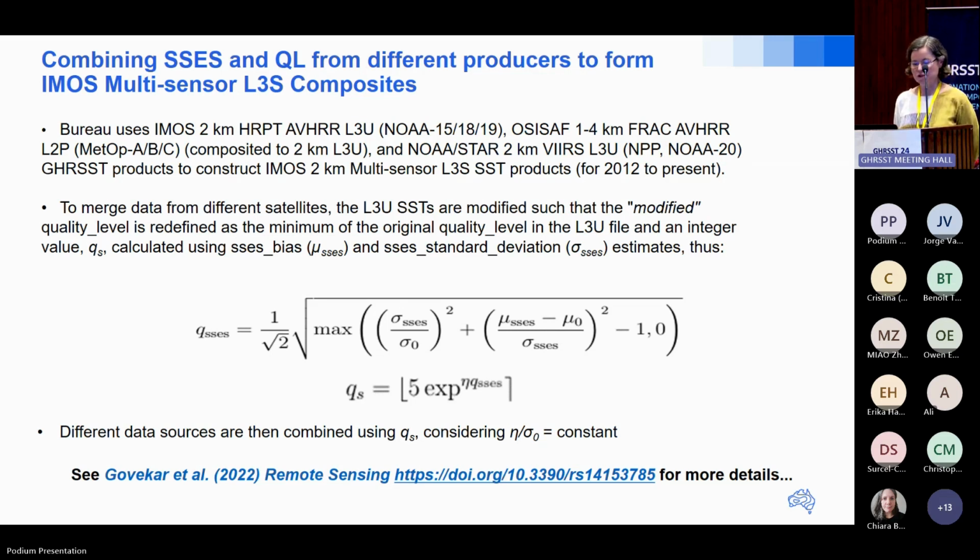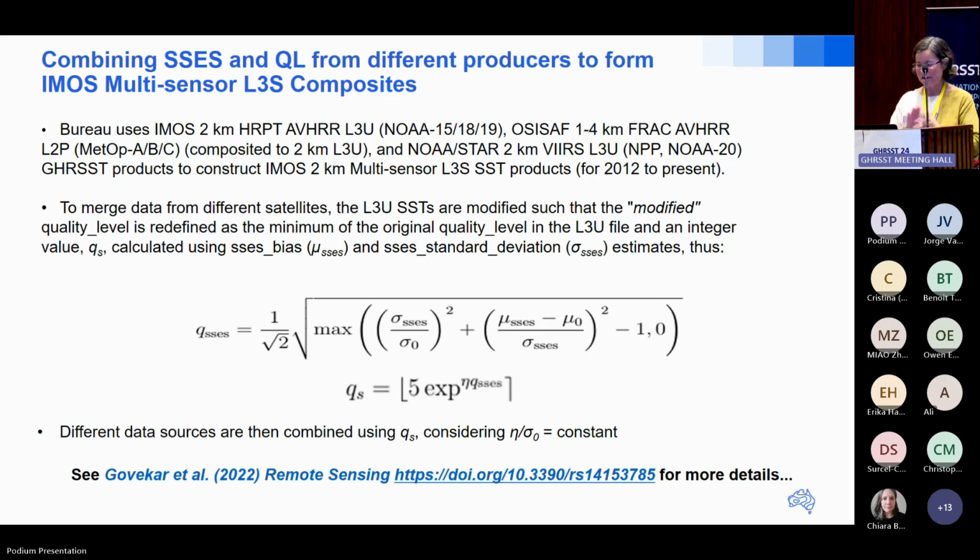To merge data from the different satellites, the L3U SSTs are modified such that the modified quality level is redefined as the minimum of the original quality level in the L3U file, and an integer quality value, that is QS, calculated using the SSES bias and SSES standard deviation.